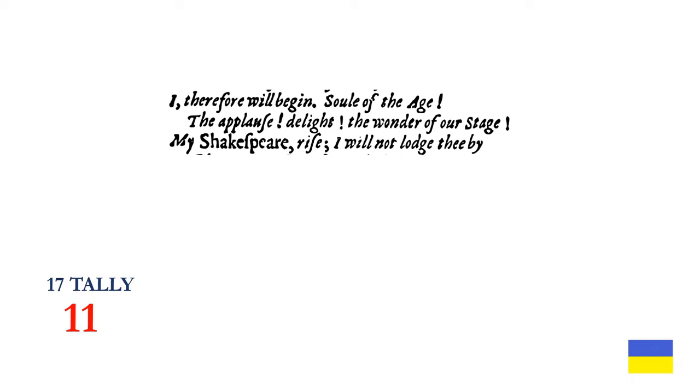In fact, he's telling us, I will begin this poem, giving us a 17 tally of 11. But what Jonson and others might not realize is there are 17 words from the beginning of line 17 to Shakespeare.